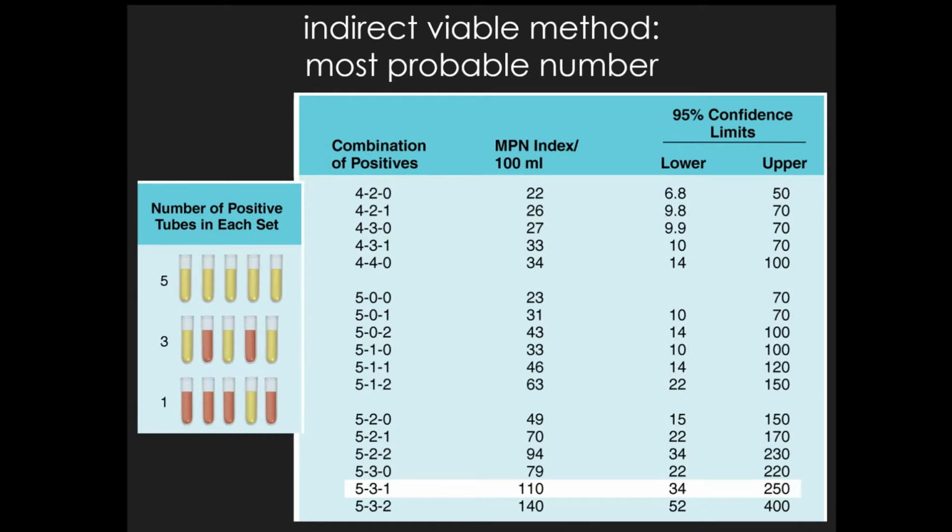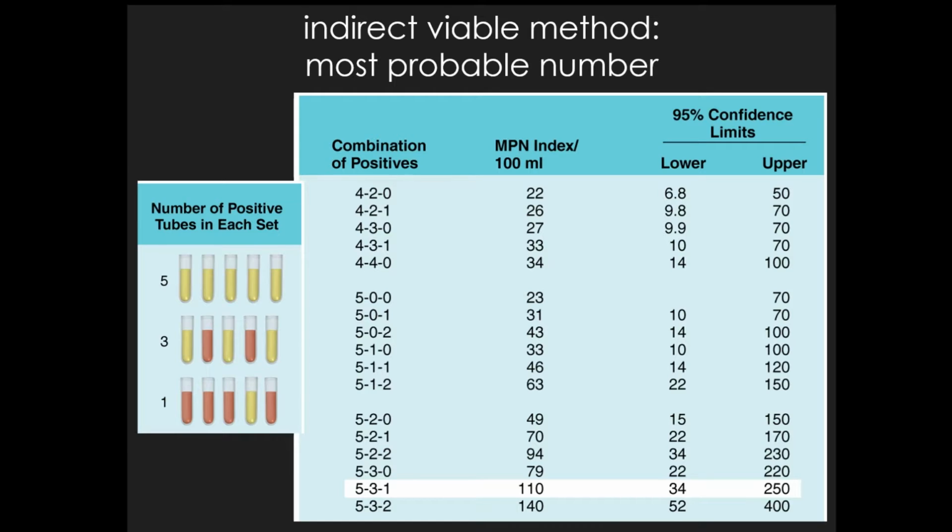You might think, wow, that's pretty slick. I get a number, 110 sounds good. The issue with the most probable number, though it's pretty easy and though it gives you a viable count, is that in order to be very confident of that number, you have to give a very wide range, right? So statistics are really helpful in helping us to understand just how much we can trust numbers.